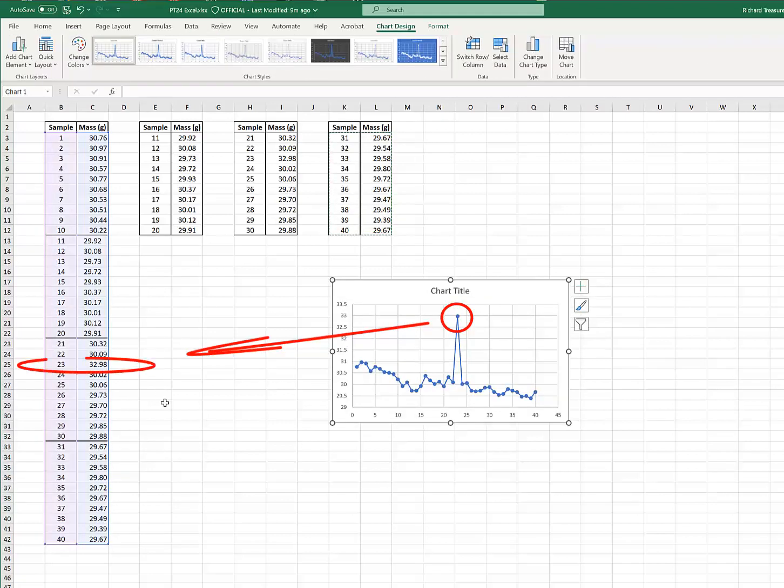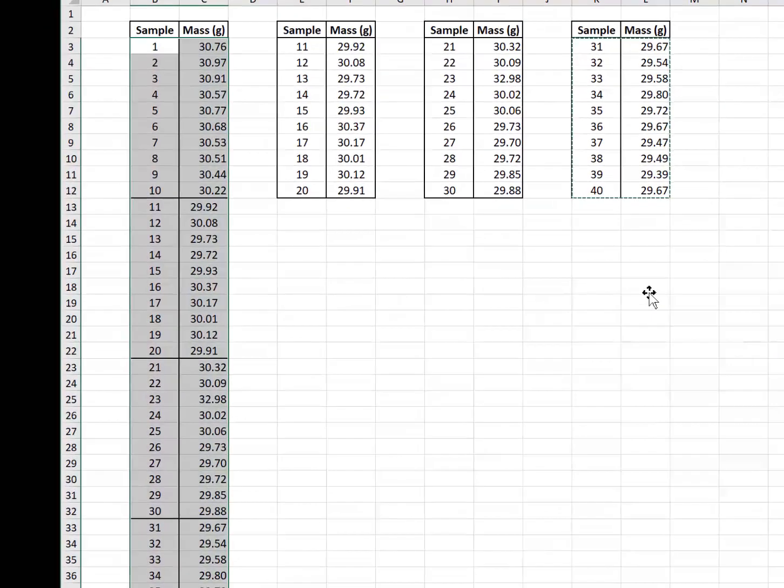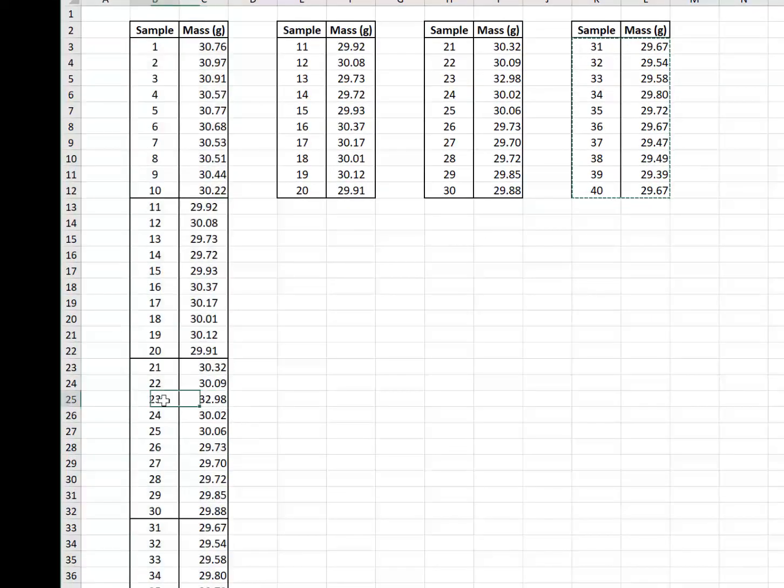This point will need to be removed from the data set as per the instructions. I will cut and paste and then delete the in-between cells and shift the rest upwards.